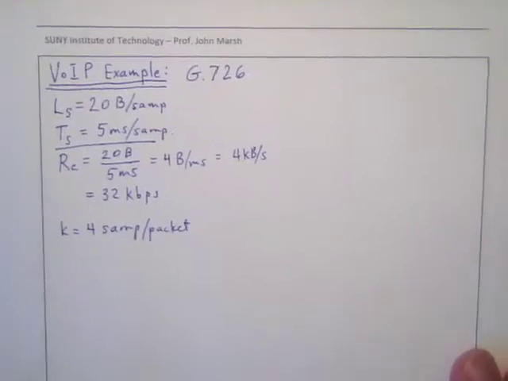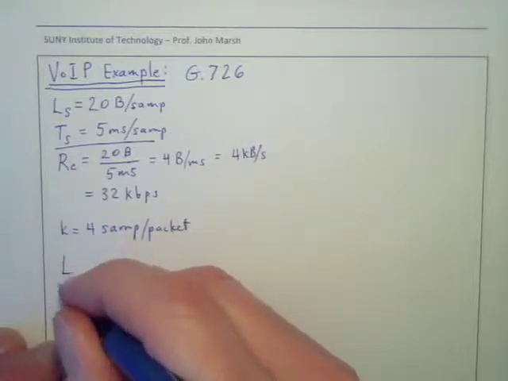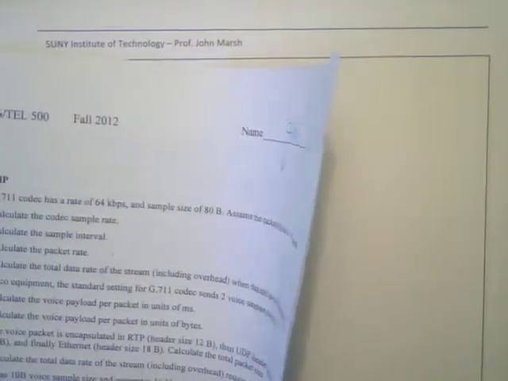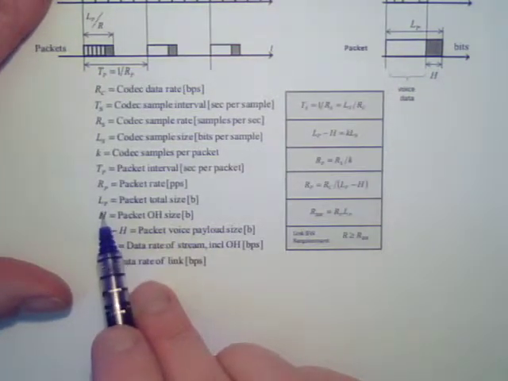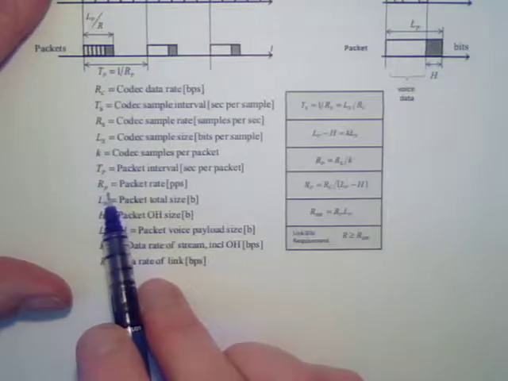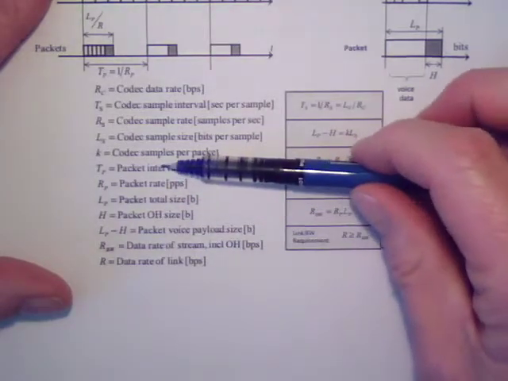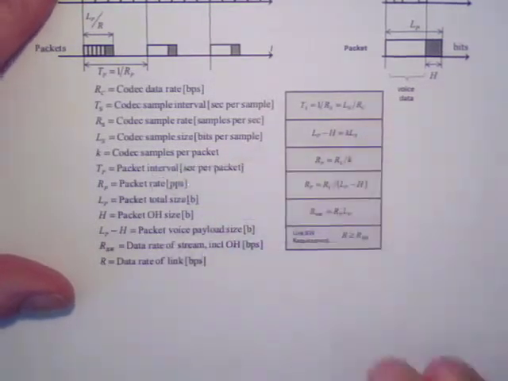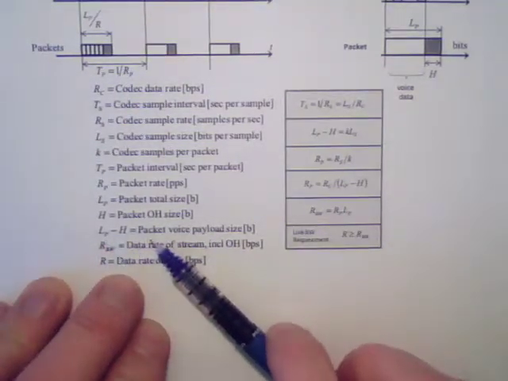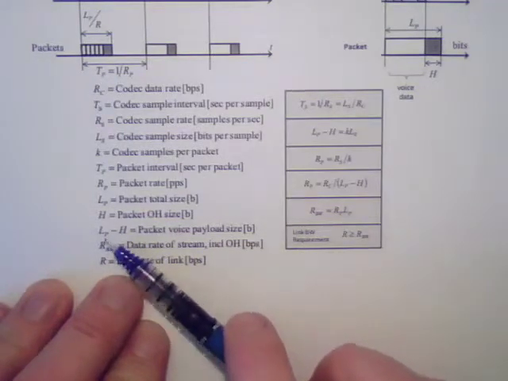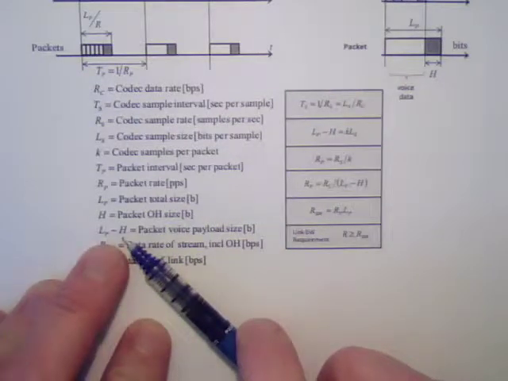Now I can do some more calculations, for example the size of a packet. Packet size is LP. The packet rate is RP. The packet interval is TP, which is just the inverse of the packet rate. The trick is that I use LP as the length of the packet including the header.